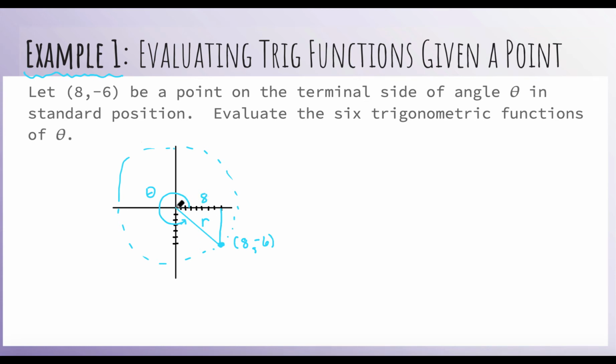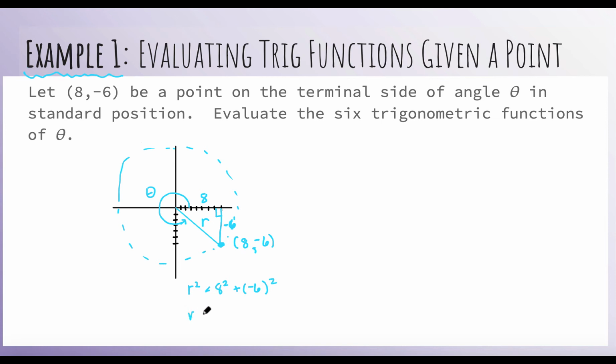And then over here, we're going down 6 units, so although the distance can't be negative, I'm still going to label this as -6. Then I'm going to use the Pythagorean theorem to figure out what r is, because this is a right angle here. So r squared is equal to 8 squared plus (-6) squared.